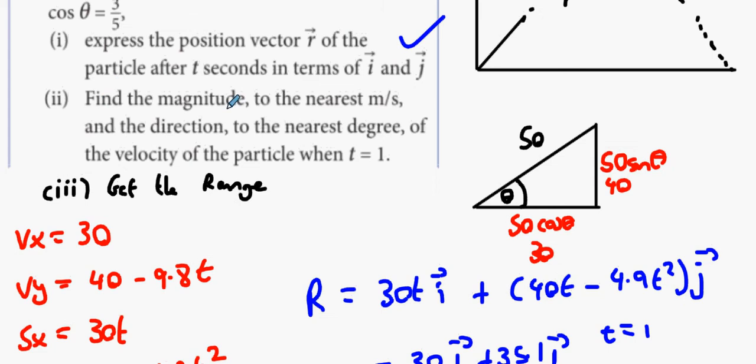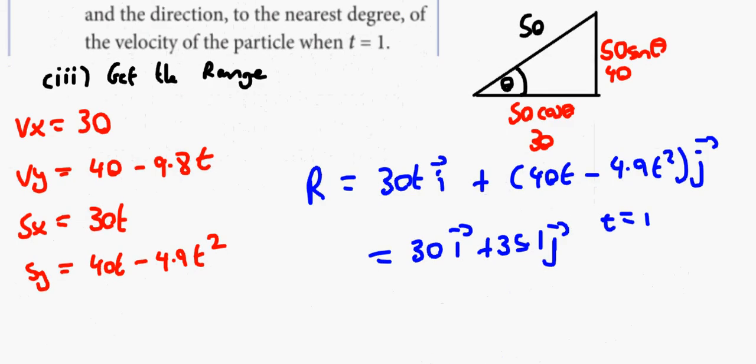Find the magnitude to the nearest meter per second and the direction to the nearest degree of the velocity of the particle when t equals 1. T equals 1, I reckon we're still on our way up or on our way down? Probably still on our way up. Okay? So, that's the answer to the first part there. Sorry, I should probably use a different letter for that, because it's the same letter as range.